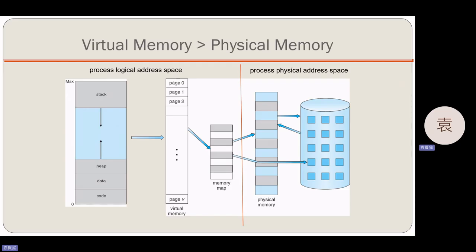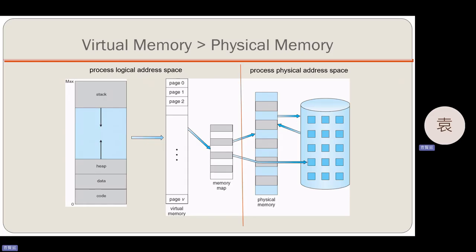Okay. So the concept is that the virtual memory or the logical address space can be much larger than the physical memory. Therefore a process, for example in this case, the total image is from 0 to maximum, and we divide it into page 0 to page V. Okay, and the physical memory is only a smaller number of physical frames.